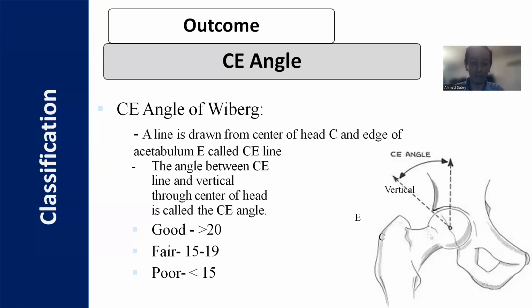If it's 15 to 19 degrees, it's fair. And if it's less than 15, it's poor, and it usually means there is a big part of subluxation or deformity.